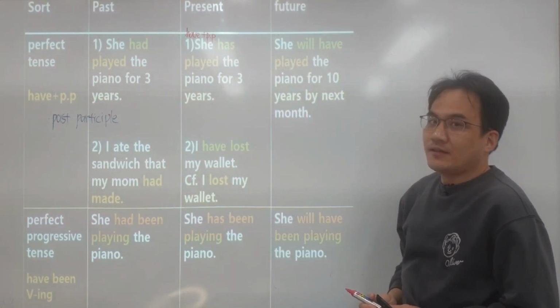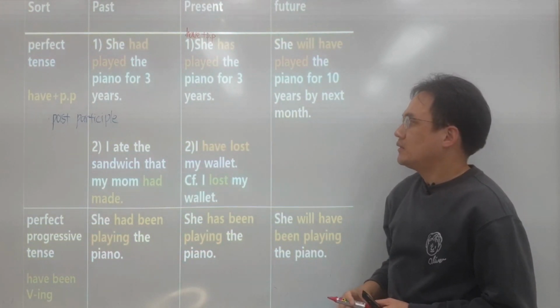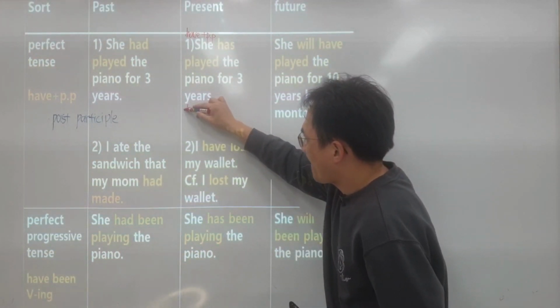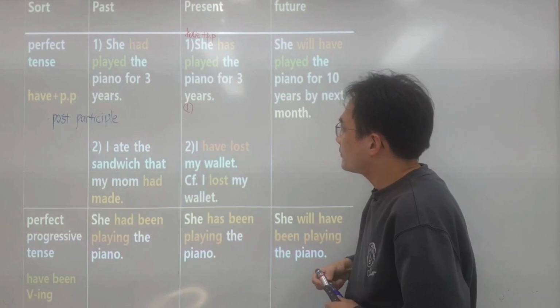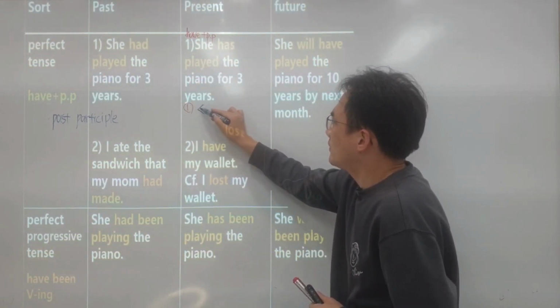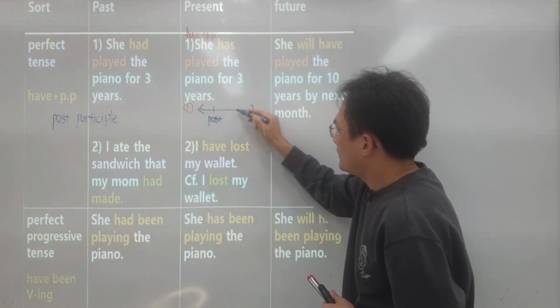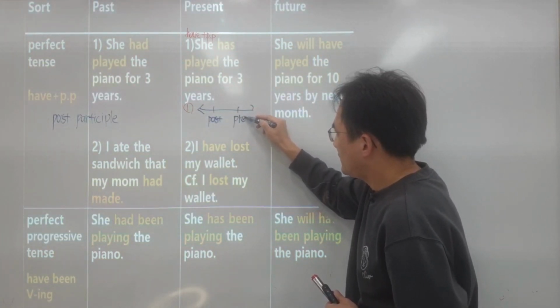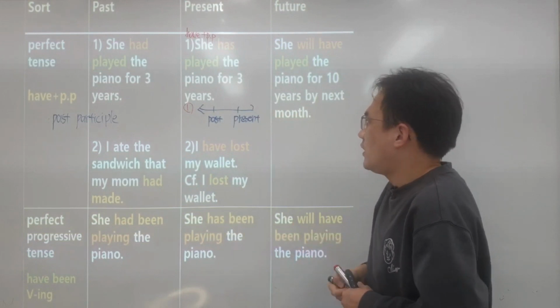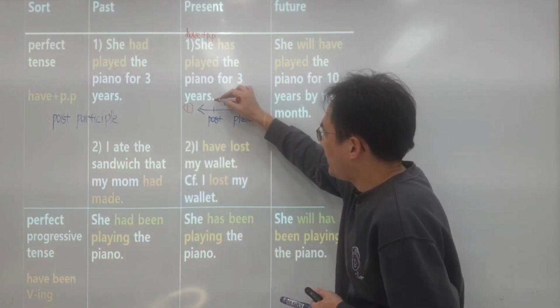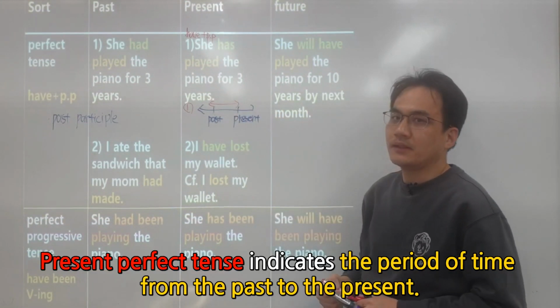Present perfect tense is understood in 2 ways. The one is from past to present. It indicates a period of time from the past to the present, right?